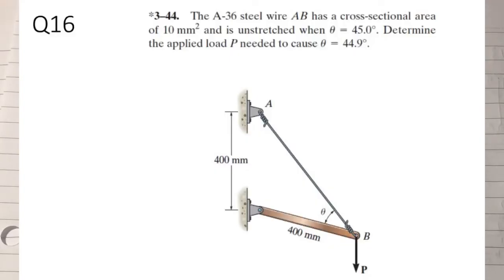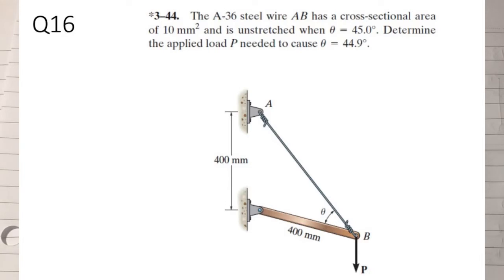So soalan ni adalah the A36 steel wire AB has a cross-sectional area of 10 mm square. So question ni dah dibagi berapa area for the wire, which is 10 mm square. Dan apabila dia unstretched, dia punya angle theta is 45 degree.